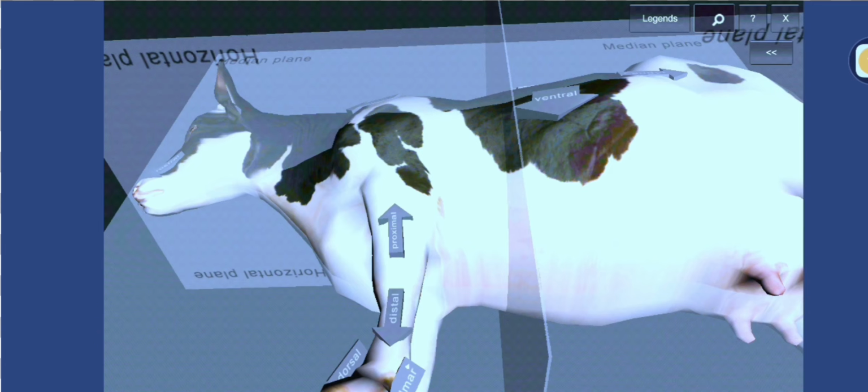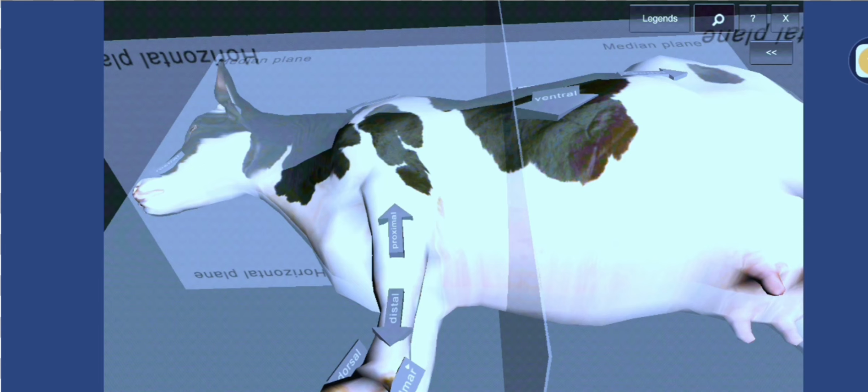We can use these two words for the distance between body parts, whether a part is present near to this or away from this. Proximal means near to this.